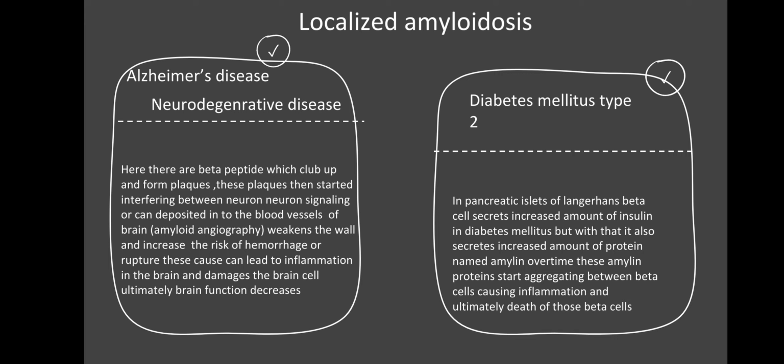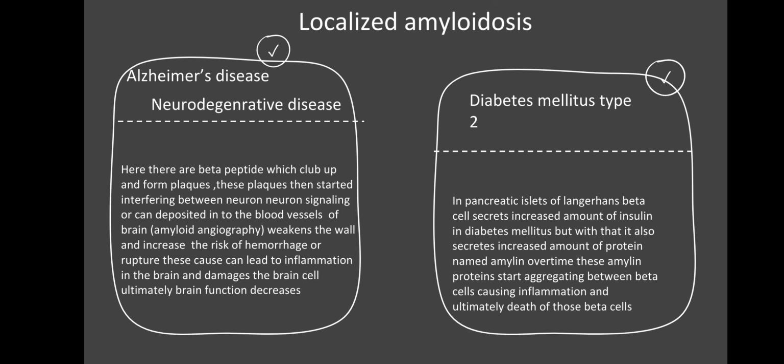Over time, this amylin protein starts aggregating in the beta cells only, causing inflammation and ultimately the death of those beta cells. So, this is localized amyloidosis, which can happen in the brain, CNS, causing Alzheimer's disease, and in the pancreas, causing diabetes mellitus type 2.